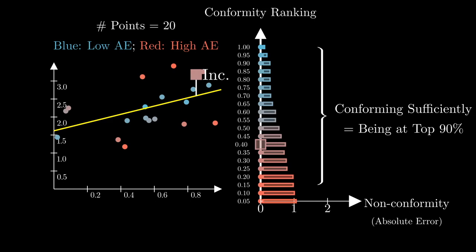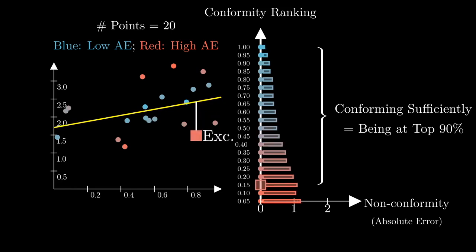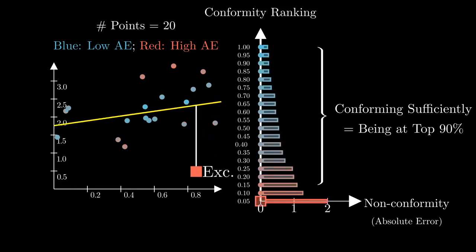Also, pay attention to how the label on the right side of the square changes from include to exclude when the square moves out of the top 90% in the ladder. We can have a similar process by moving the square up.